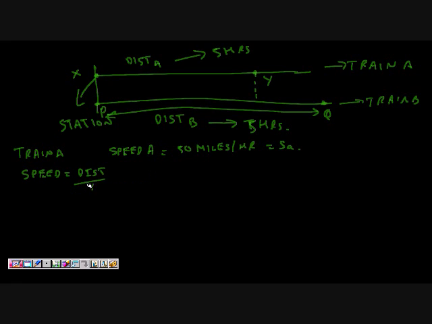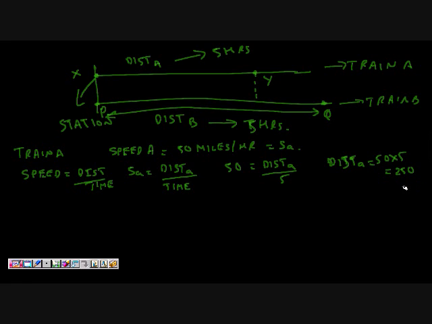So therefore SA is equal to distance traveled by A divided by the time that it takes to travel the distance. We know the time is 5 hours. So SA, 50, is equal to distance of A divided by 5. So distance traveled by train A is 50 into 5, which is 250 miles. So that's what the distance XY is. XY is equal to 250.